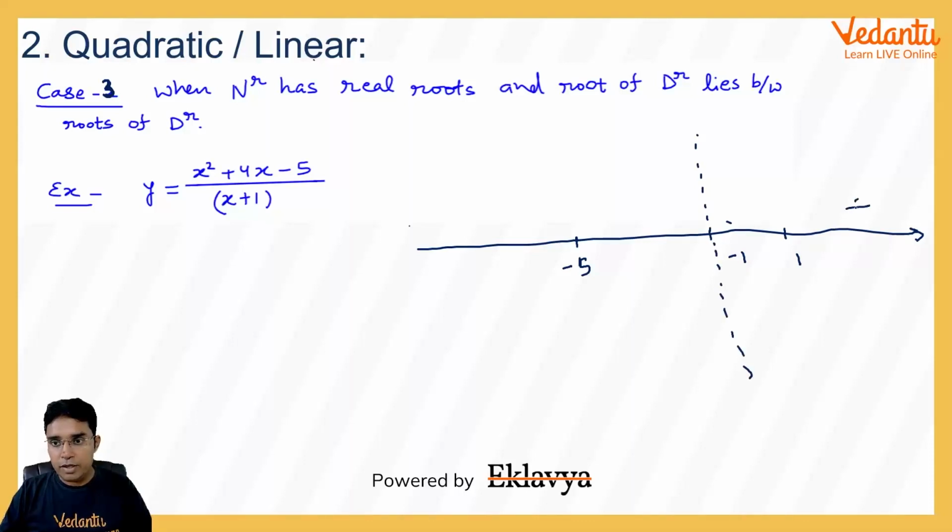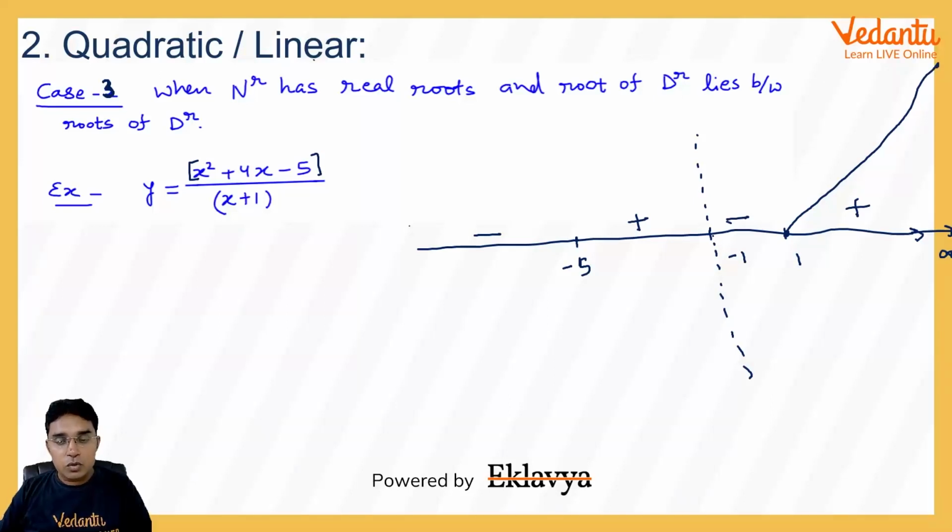Using the wavy curve method: positive here, negative here, positive here, and negative here. So how would the graph be? At x equal to 1, this numerator will become 0, whereas as x approaches positive infinity, the numerator being quadratic and the denominator linear, it has to go to infinity. So this should go to infinity like this.